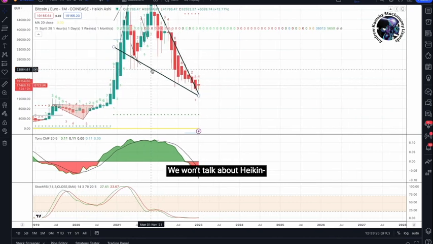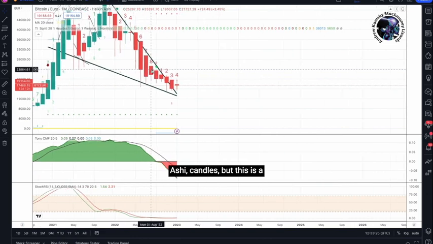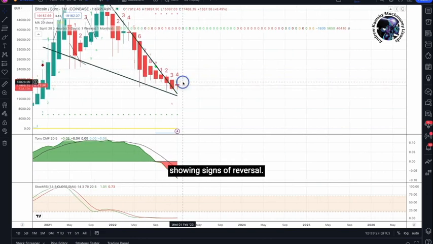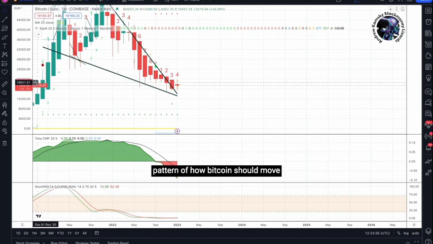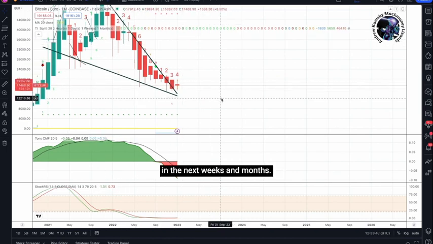We won't talk about Heikin-Ashi candles, but this is a Heikin-Ashi candle that is showing signs of reversal, which is super, super bullish for the pattern of how Bitcoin should move in the next weeks and months.